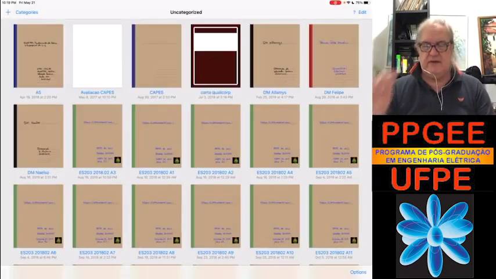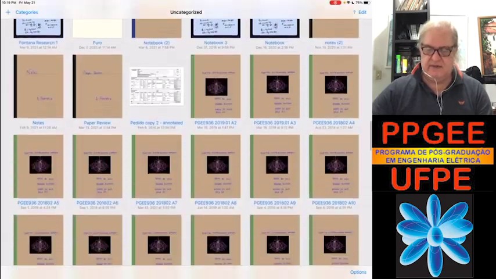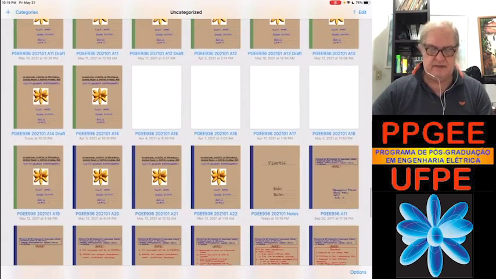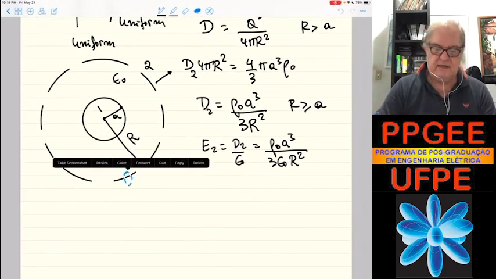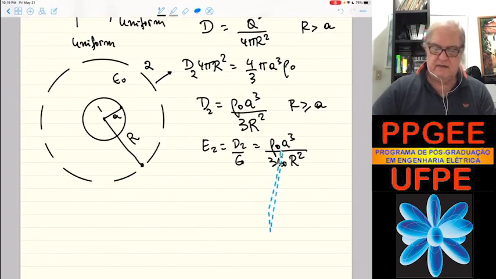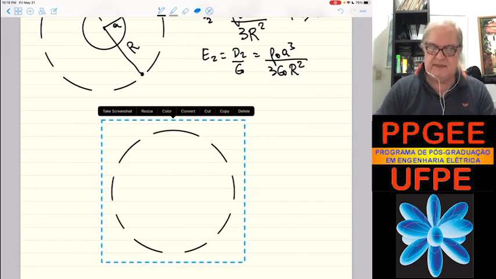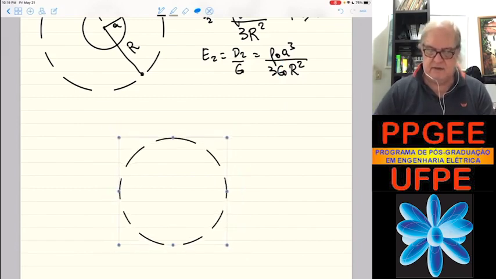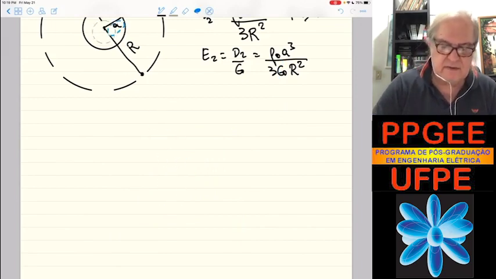I think I lost that drawing, very probably. Sometimes it happens. I have to do it all over again. Just copying this thing here. Copy. Paste. And I'm going to resize. Make it smaller, very small.